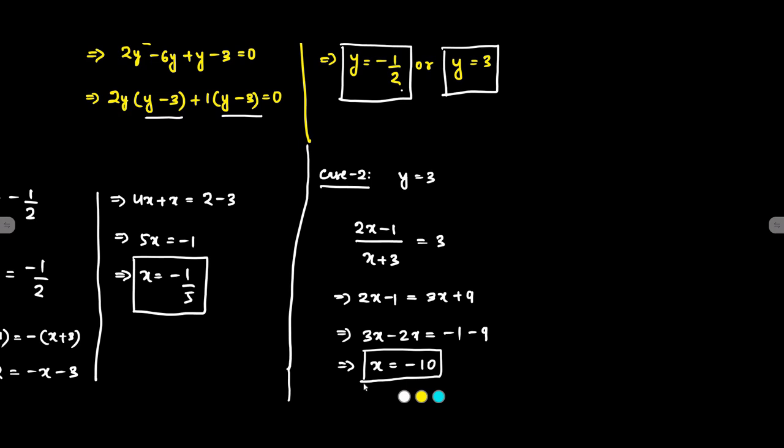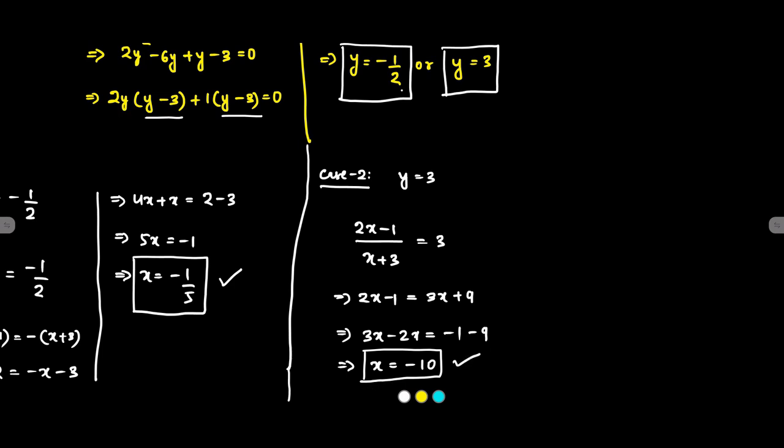So this is the value of x for both the cases. So the two roots of this equation are x equal to minus 1 by 5 and x equal to minus 10.